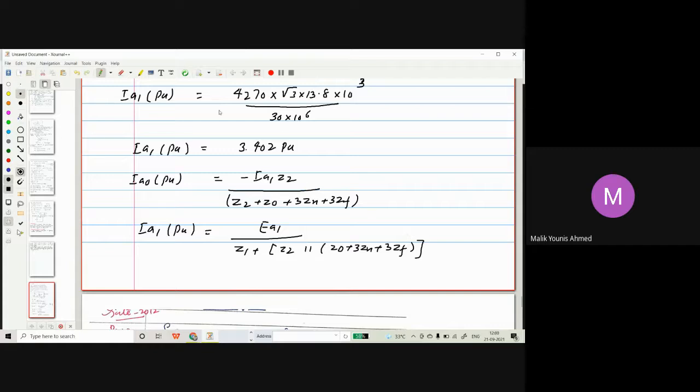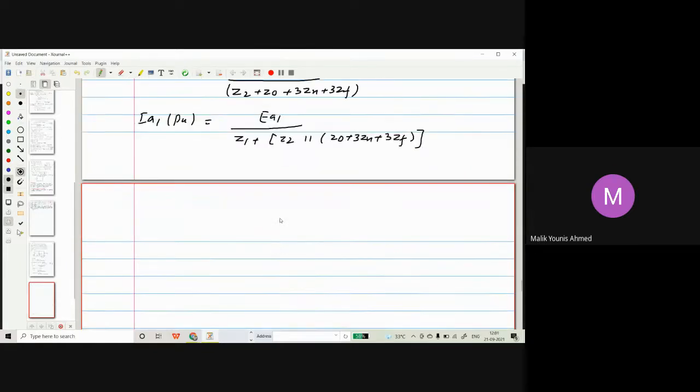So IA1 in per unit we have got, 3.402. EA1 is always chosen as 1, divided by J0.15 plus, sorry, this is Z1, and this is also the same value, J0.15. That should be in parallel with Z0. 3Zn will be there, that is 0.3 plus 0.05, and then 3Zn.